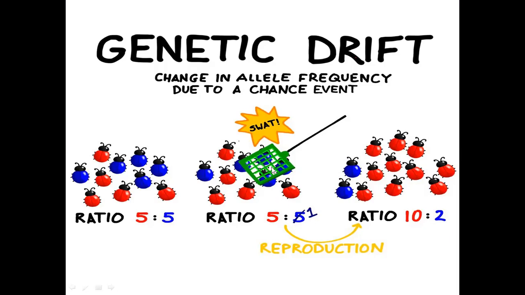See here, these blue color beetles are removed due to these natural disasters, and the ratio has been shown to be 10:2, because reproduction has occurred only in this red moth. So the ratio has changed. It is called genetic drift. Due to genetic drift, allele frequency also changes.